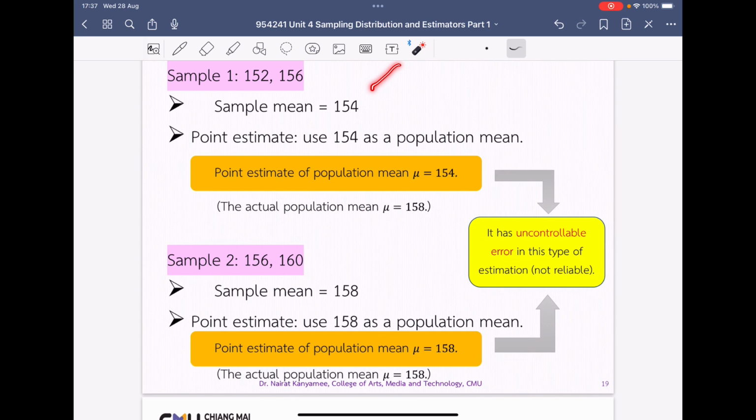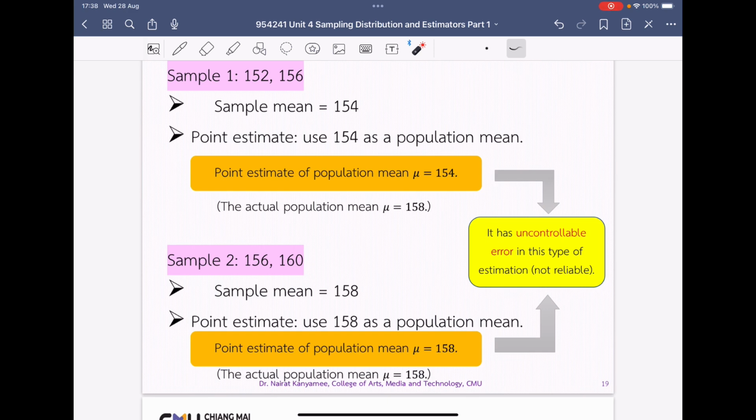So with two different samples, if you use point estimation, it depends on the sample you pick. There will be an error for sure, an uncontrollable error depending on the sample you pick. Of course, because the true value is 158. With sample 1, you have error. With the second sample, you're lucky, you don't have error.